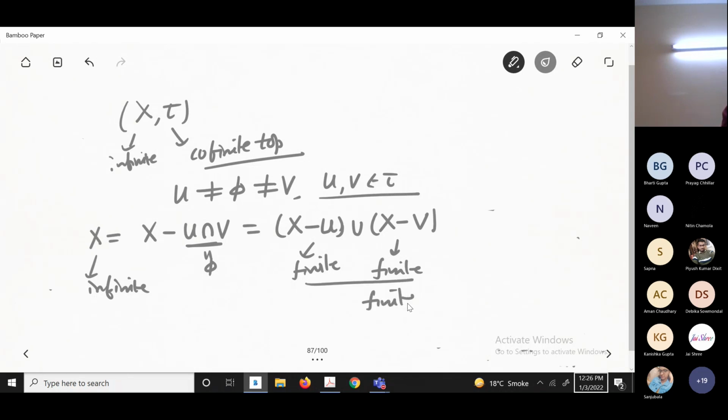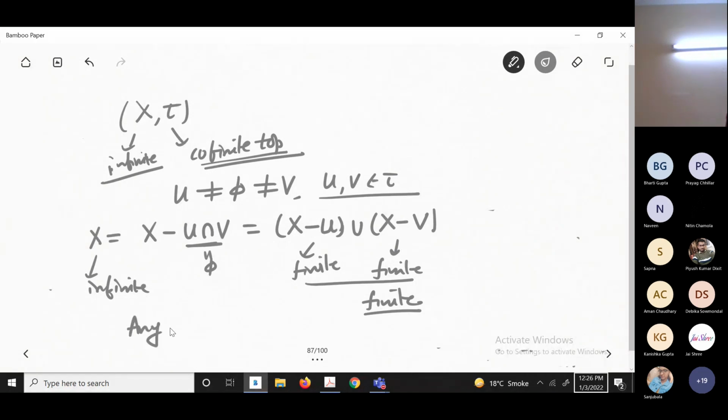So you get a contradiction. This is why infinite is important: if it is finite, it will only be the discrete space, generated by the discrete metric. So on an infinite set with the cofinite topology, any two non-empty open sets must intersect.